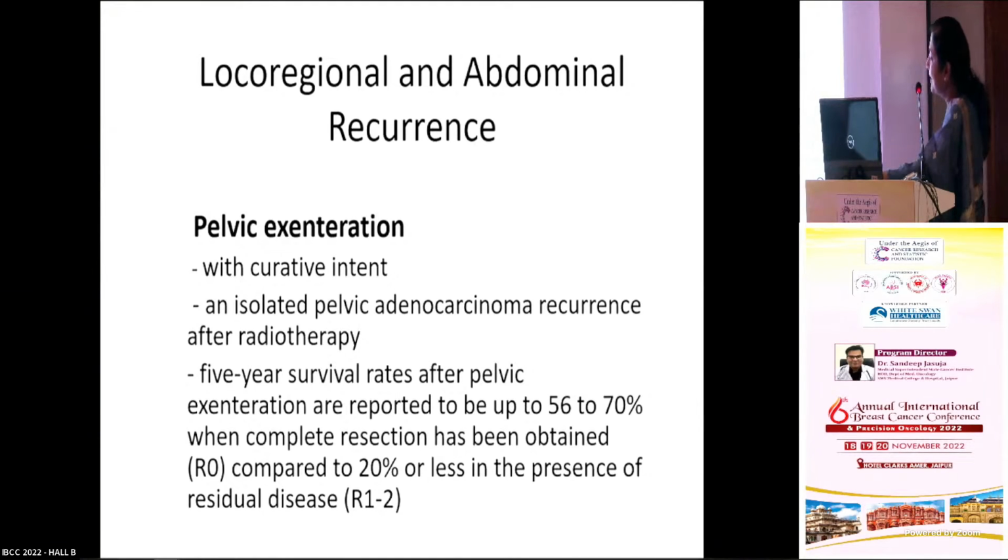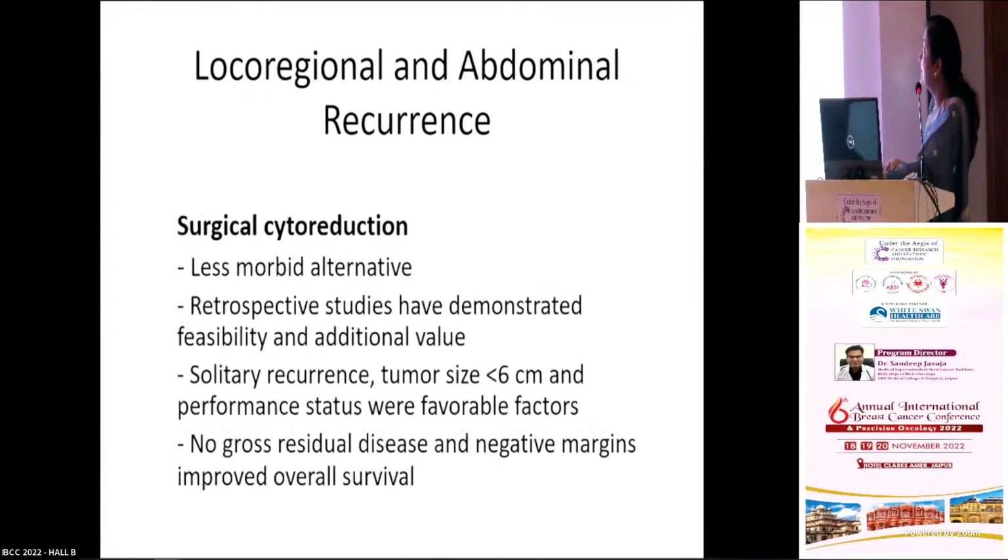But if the resection is R1 or R2, which is there in most cases because of various factors, then the 5-year survival is only 20%. To give a 5-year survival of 20%, this procedure is too morbid for the patient. So we must do justice when we go for pelvic exenterations.